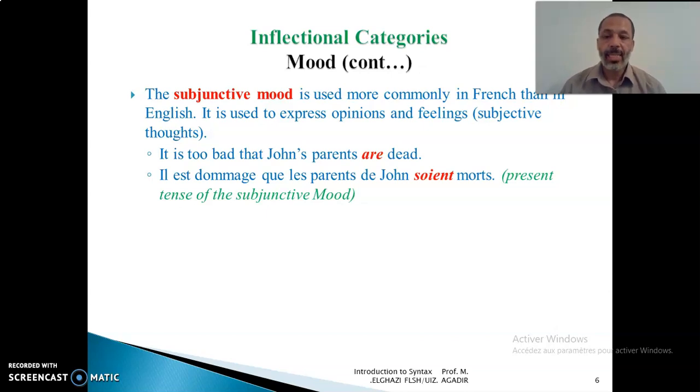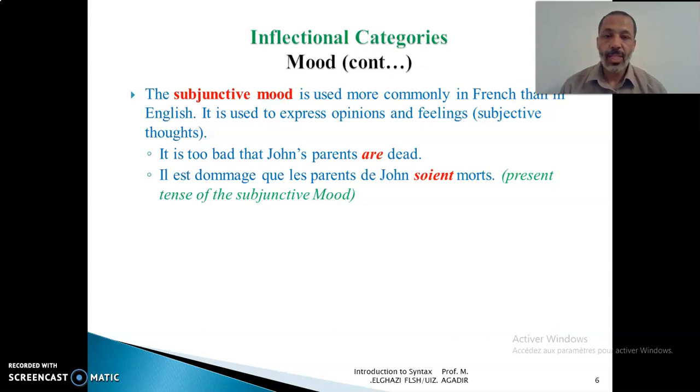You can say, as an example, it is too bad that John's parents are dead, infected by COVID-19, for example. If you see, the verb "are" is in its normal form, there is no change, even though we are expressing an emotion, a subjunctive mood.